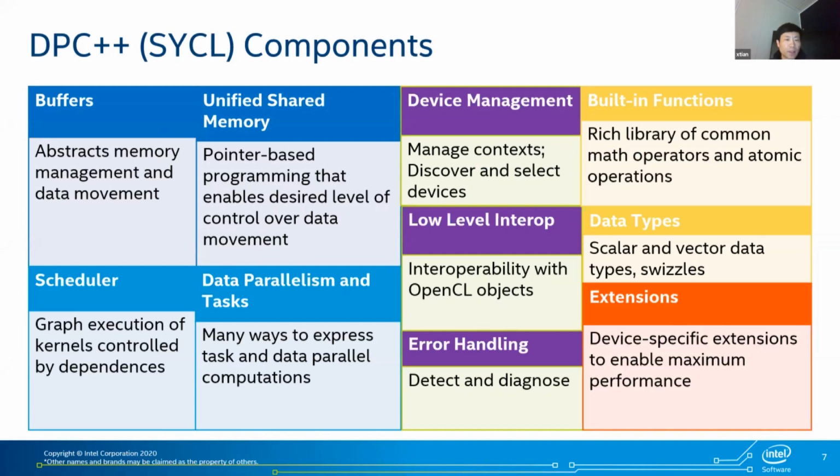So a buffer is essentially a way for the user to specify what memory you want to create on the device. Then the compiler and runtime will generate the code to perform the data movement, similar to the map clause.